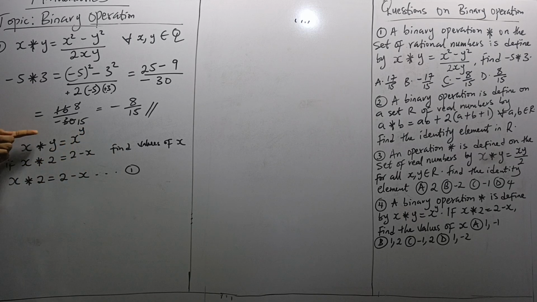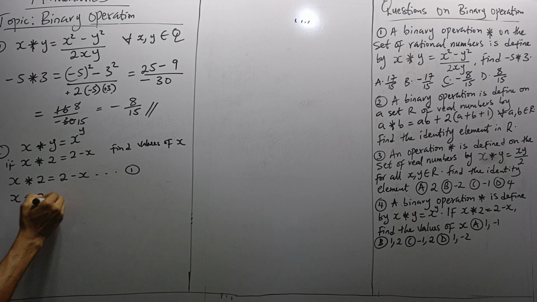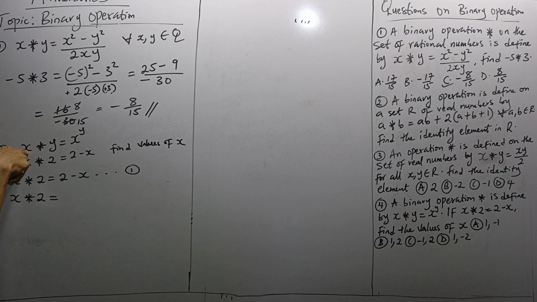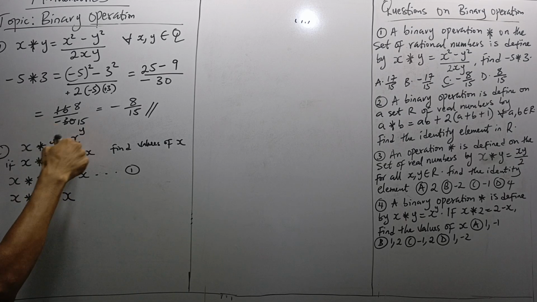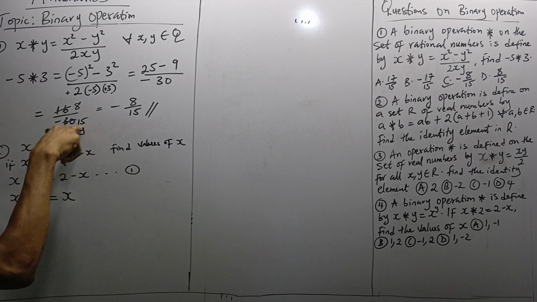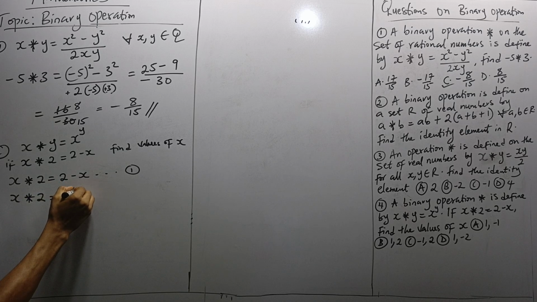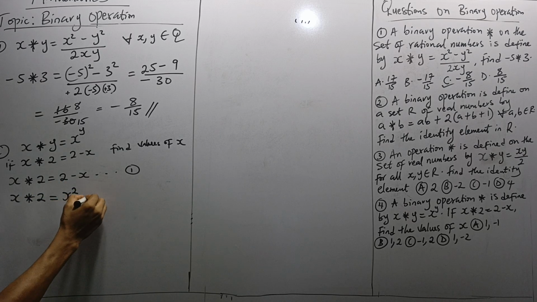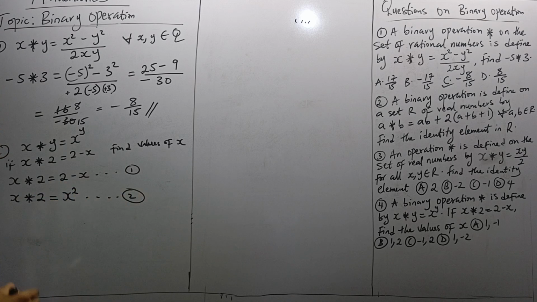So if we redefine this with the general definition, x operation 2 will be equal to, x remains x and y remains 2. So from the general definition, the first element raised to power the second element. Our second element is 2, so it's going to be x squared. This will be our equation 2.